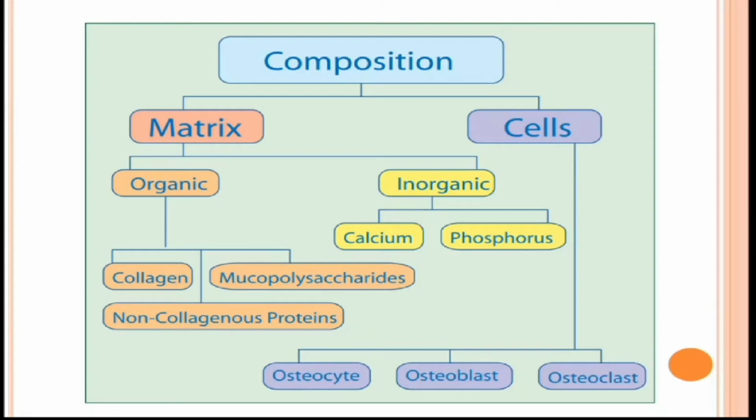One is the organic part that includes the collagen fibers, mucopolysaccharides, and non-collagenous proteins, and the inorganic part of the bone that is basically the deposition of minerals in the bone that includes calcium and phosphorus majorly, and there are other minor nutrients which we discussed in the last lecture. Okay, let's start with the brief description of all these components here.